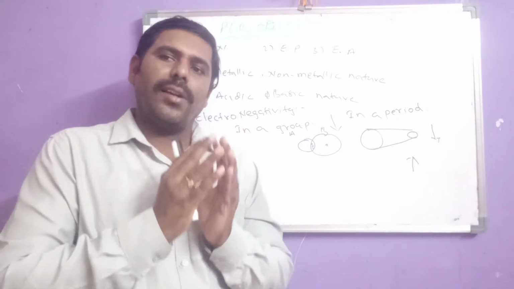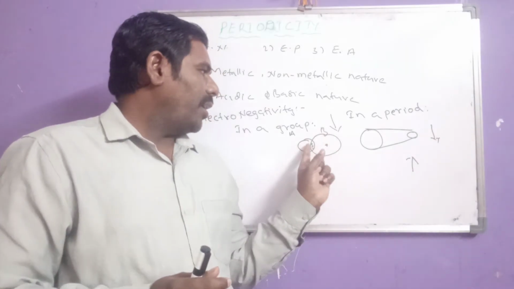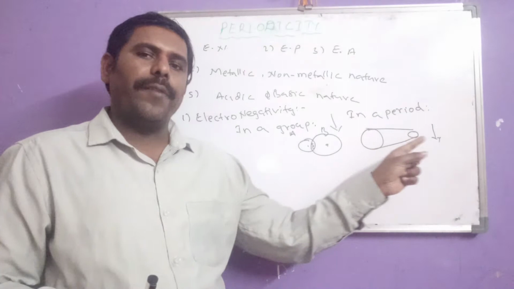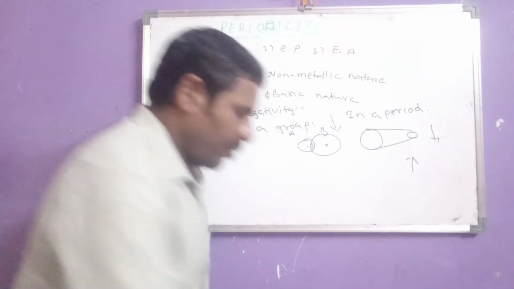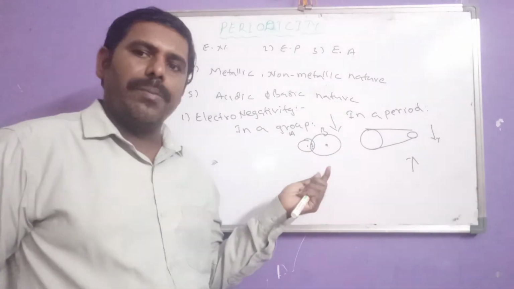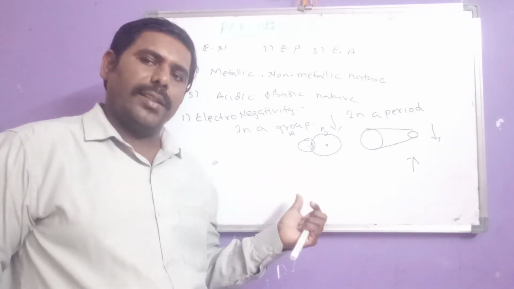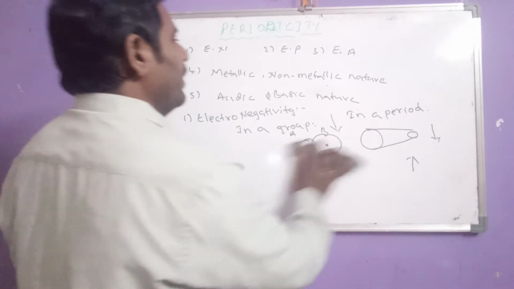As the size of the atom decreases, the nuclear attraction on the bond pair of electrons increases. So from left to right, electronegativity increases. So like this we have to write that. First we have to give the statement of what happens in a group and explain the reason. Same in the case of a period also. Okay, this is regarding which one?